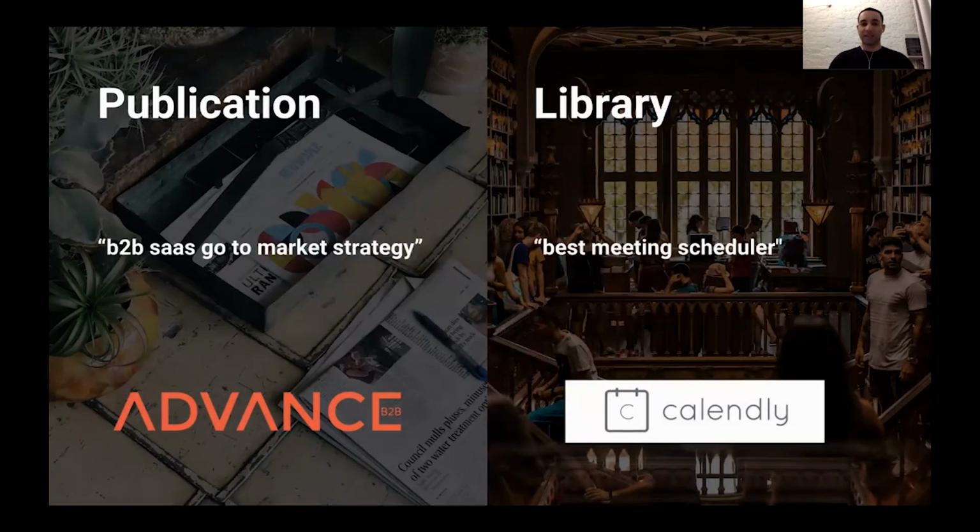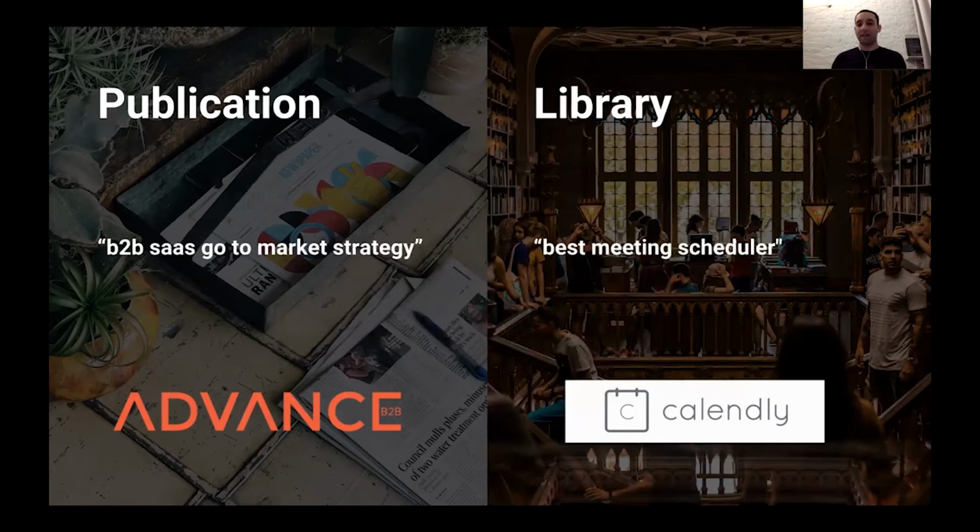And we can just take an example of the two to see how this works in practice. So Advanced B2B, a common problem that people might be searching for in Google is a B2B SaaS go-to-market strategy. So for early stage SaaS companies trying to figure out their go-to-market strategy and they're not exactly sure how to go about it, this is a term that they would put into Google.